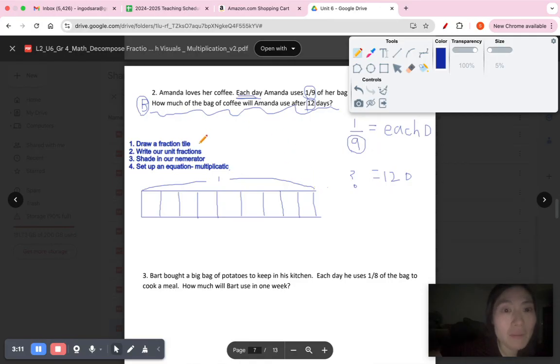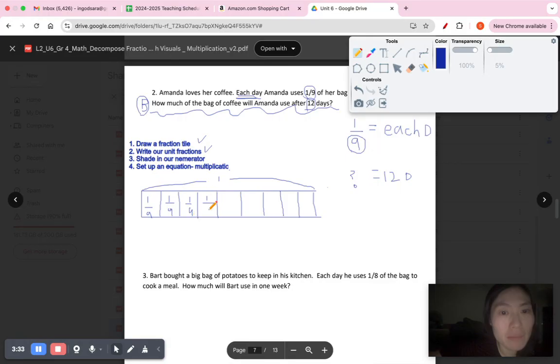Okay. Now I did my step 1. Now I need to write my unit fraction. I know that each day is 1/9. So I know each piece will be, yes, 1/9 each. So I'm going to write 1/9, 1/9, 1/9.